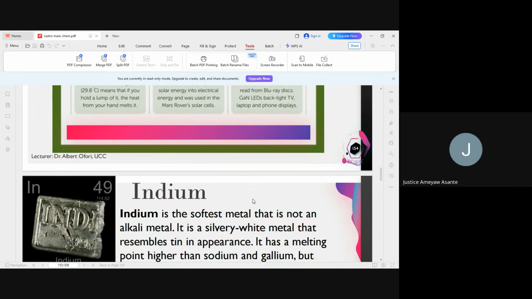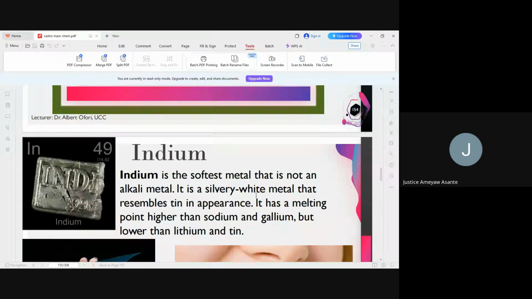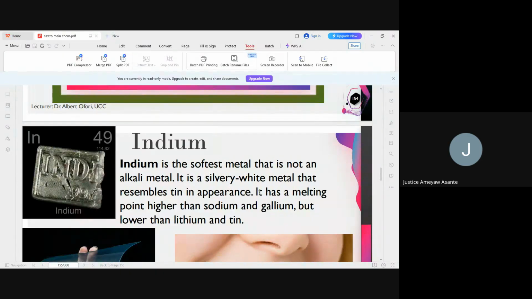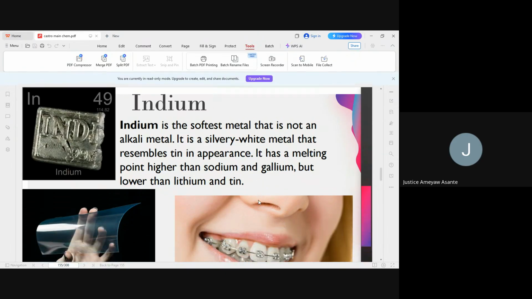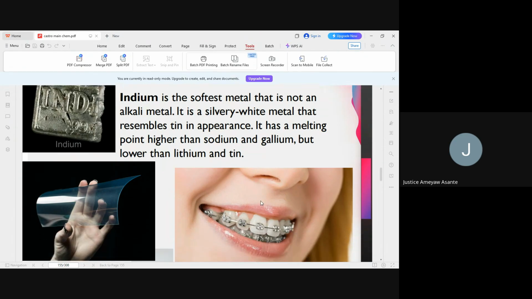Then we have indium, which is the softest metal that is not an alkali metal. It is a silvery white metal that resembles tin in appearance.